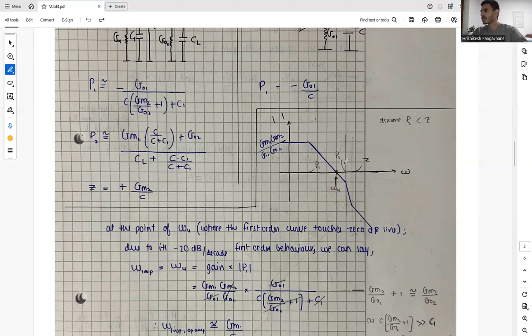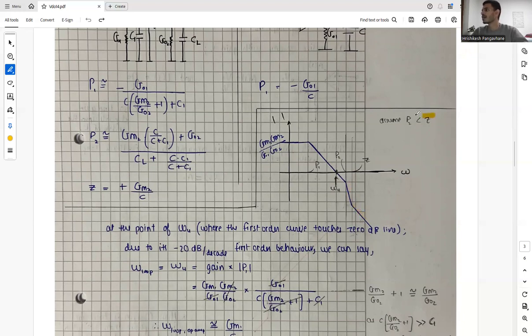After that, at point P2, we will have more decrease, which is minus 40 dB per decade, and then again we will have a zero, which is present in the right half plane, so again we will have a minus 20 dB change. So: minus 20 dB per decade, minus 40 dB per decade, and due to a zero in the right half plane, again minus 20 dB per decade.